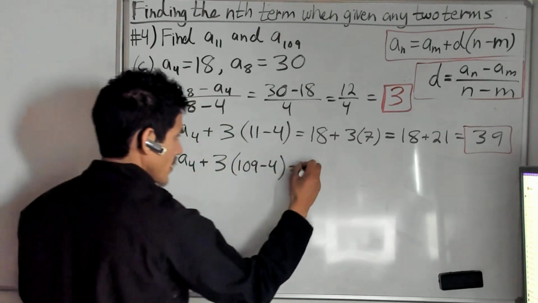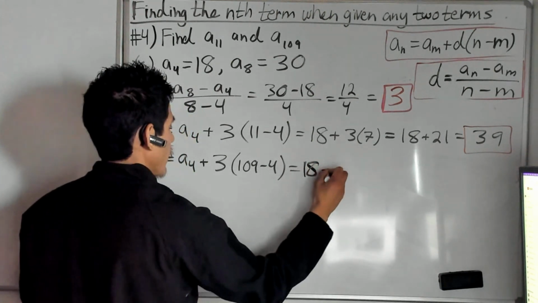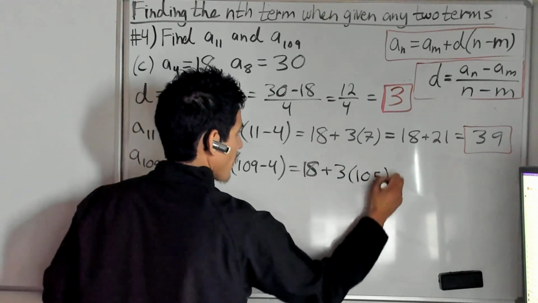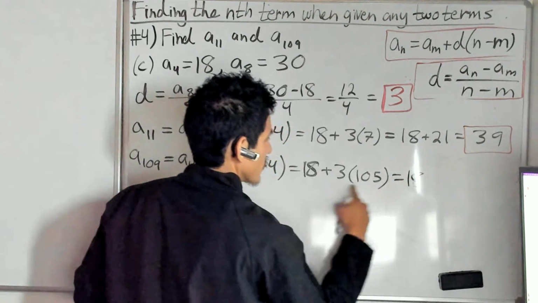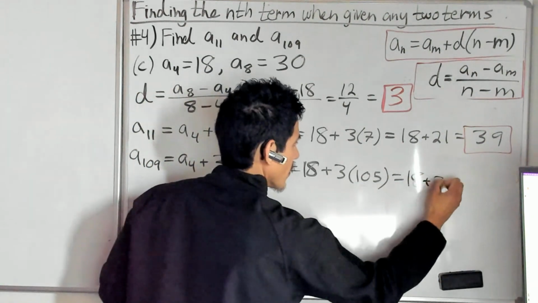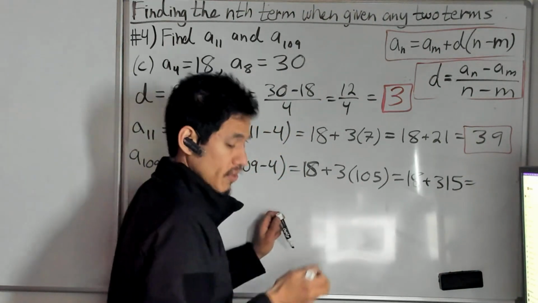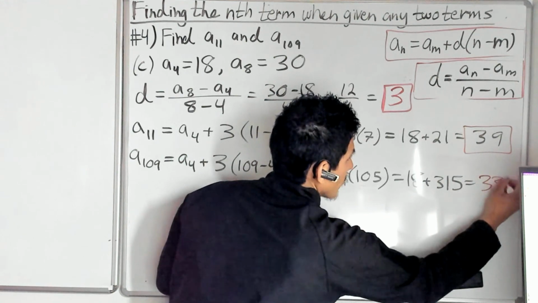A4 is 18 plus 3 times 105. 18 plus 315. 333. Triple threes.